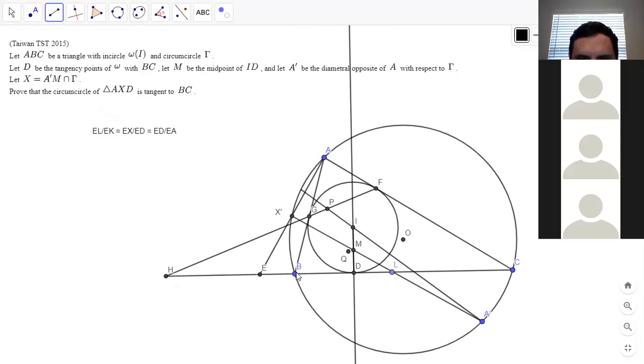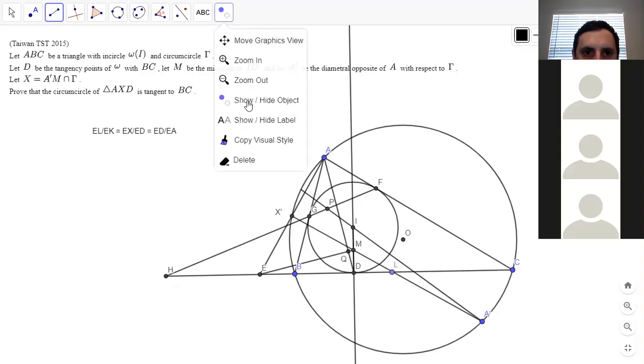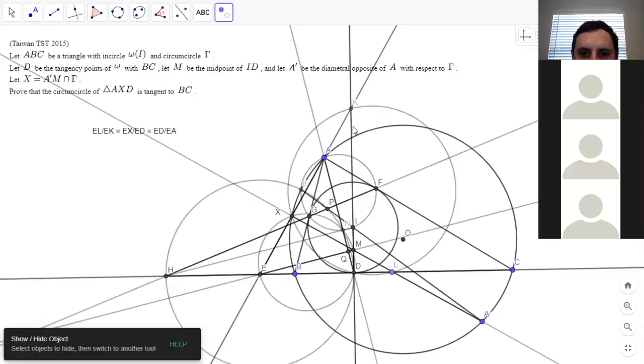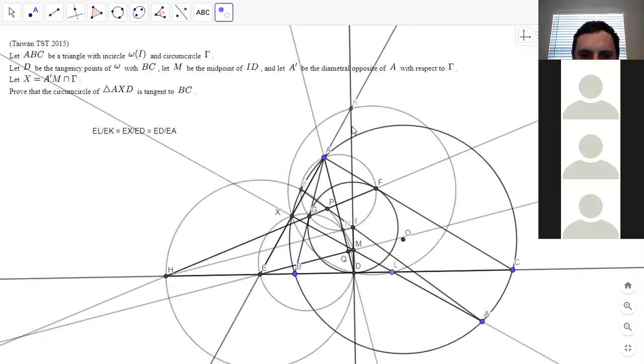Wait, was Q the intersection of EM and AD? I forgot. Oh, EM. Sorry, I drew BM. That's why. Let me see. Anything else I need to do here?